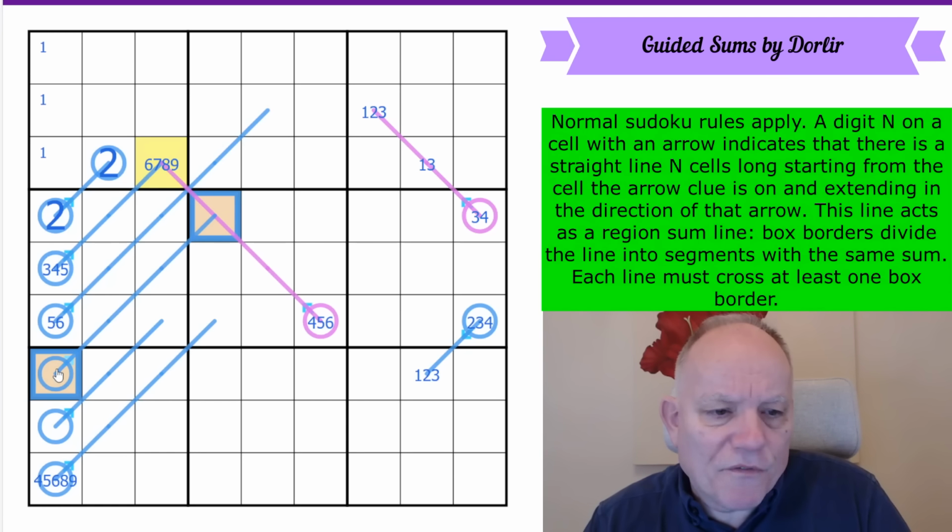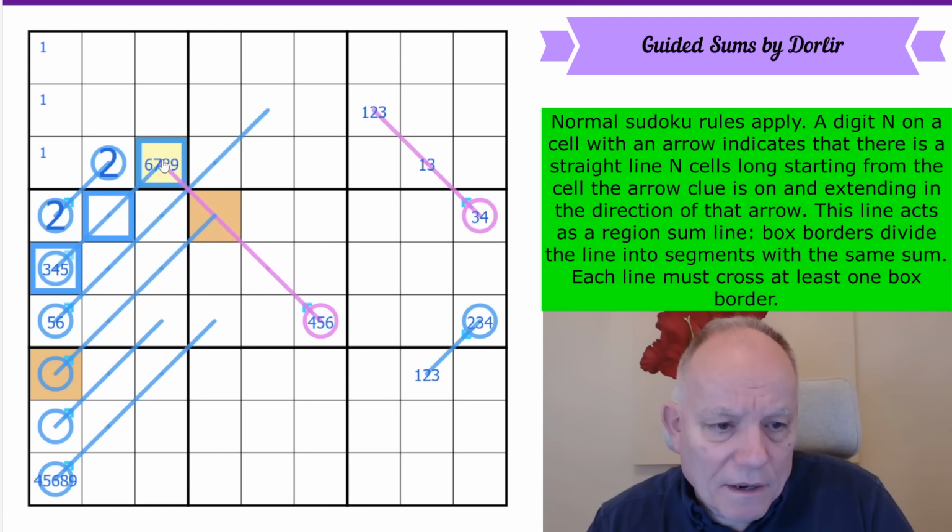Now, if this was a 4, this would be a 1-3 pair. That would become a 5. That would be a 6. With 1-3 there, this would have to go 5-4-9. Oh, this is interesting.